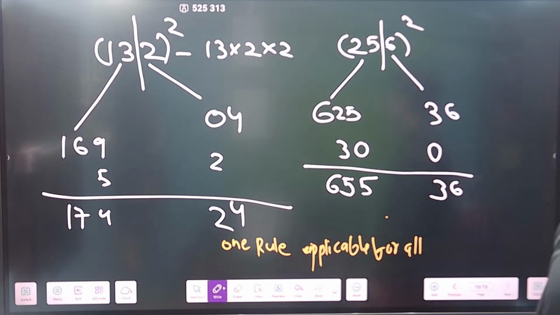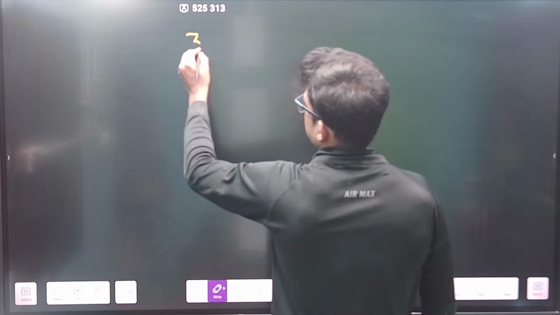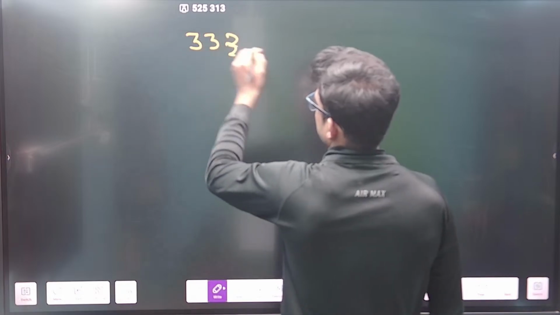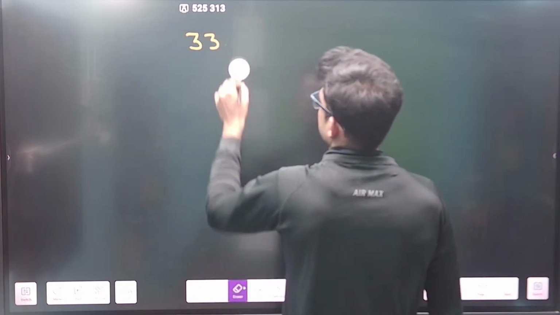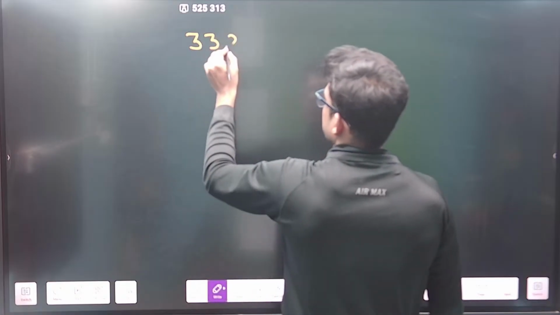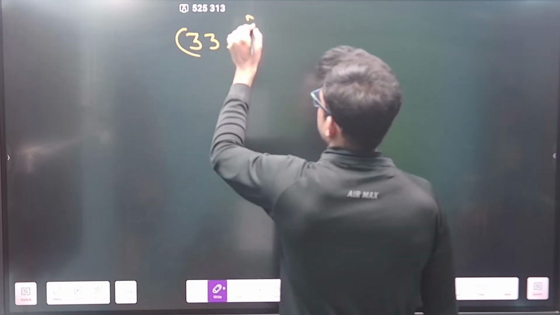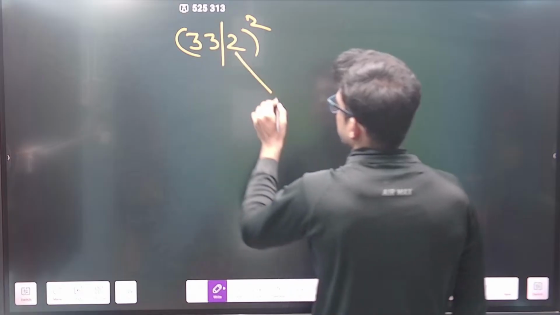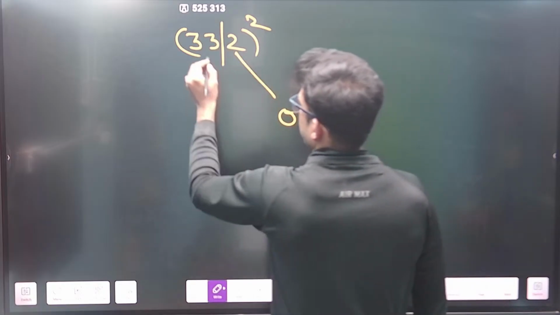Okay. You want to take one more test? So let me go for one more. I'm just guiding you guys, okay? I can take many examples, but right now I'm doing this to make you understand. I'll also take other numbers as well. So let me take an example of 332. 332 ka square, okay? First of all, bar, put this 04 here, 33 ka square.